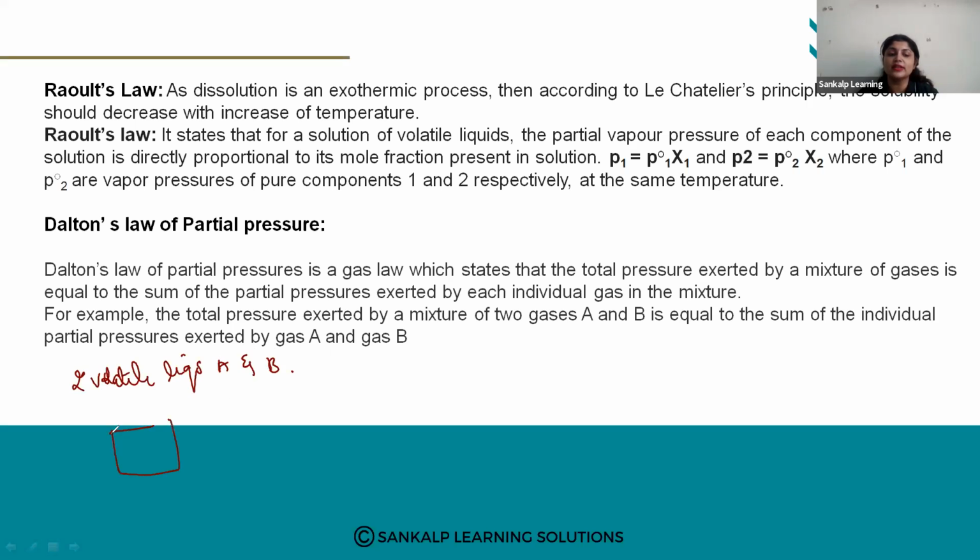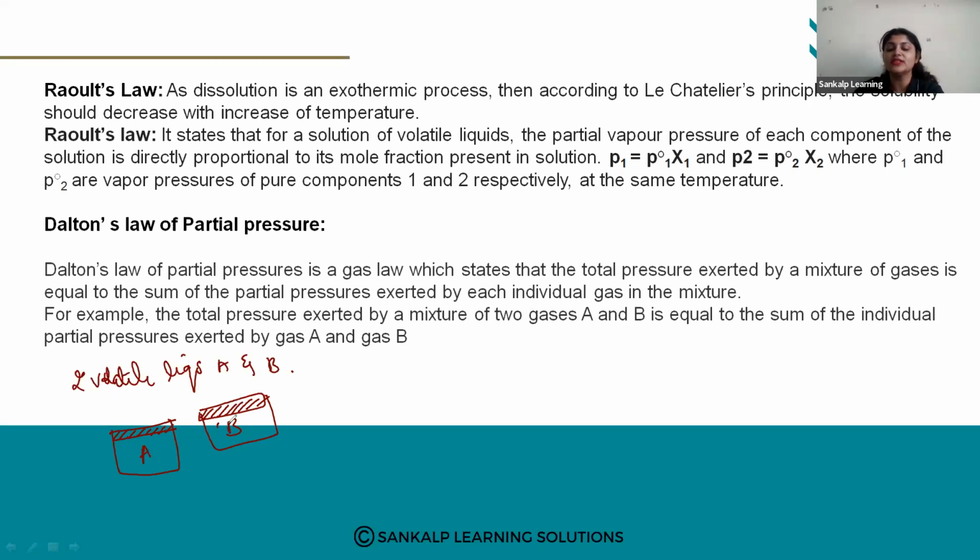Why is it closed? Because the liquids easily get evaporated. So both liquids A and B are taken in a closed container.